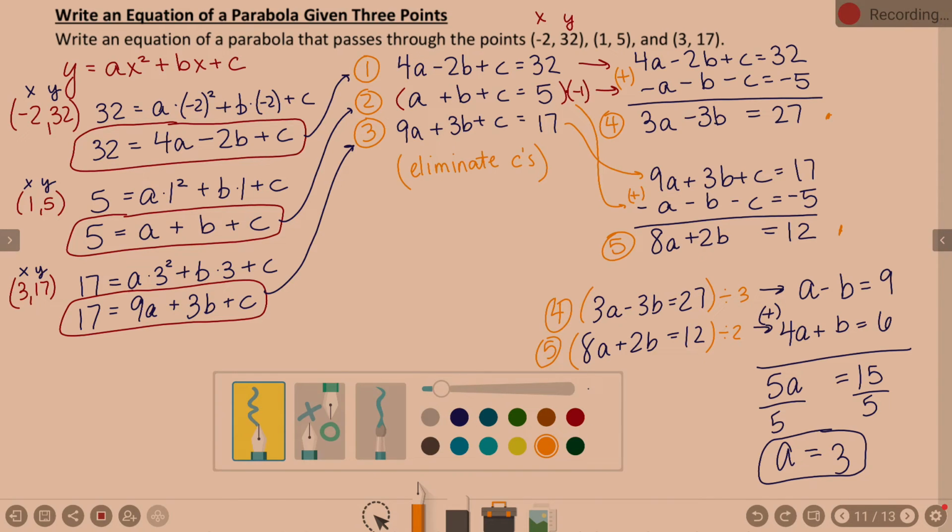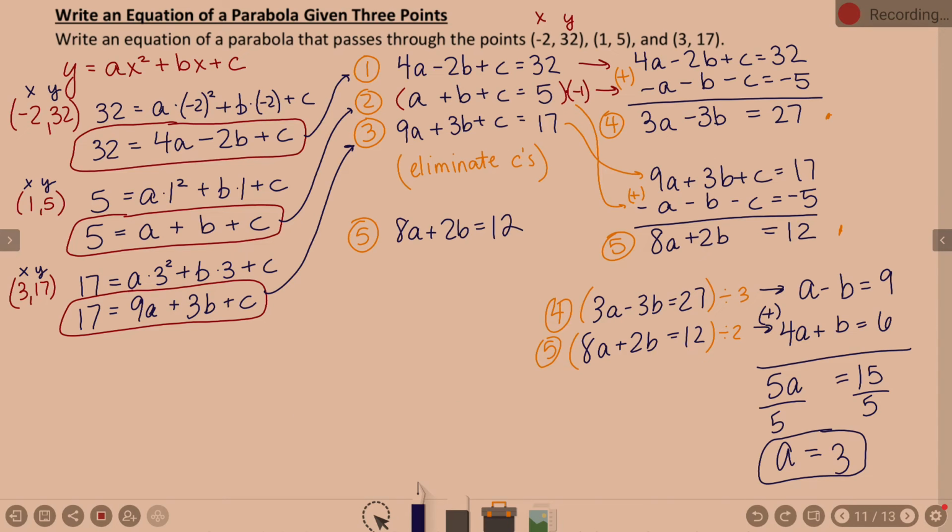What are you guys going to tell me? 4 or 5? 5? So if I use 5, which was 8a plus 2b equals 12, right?